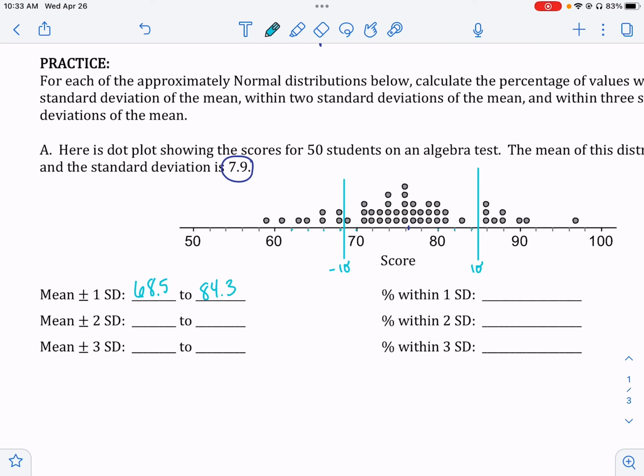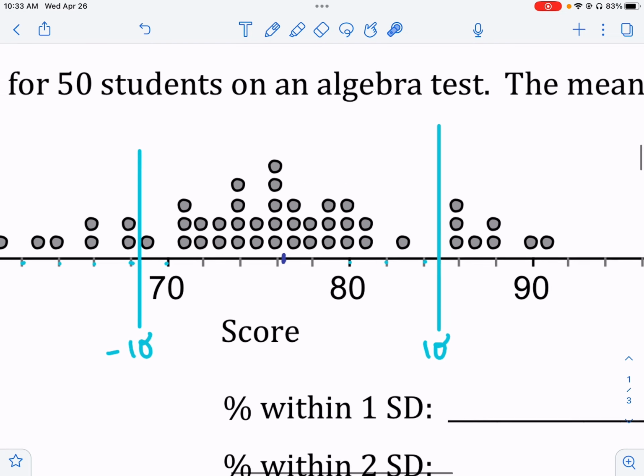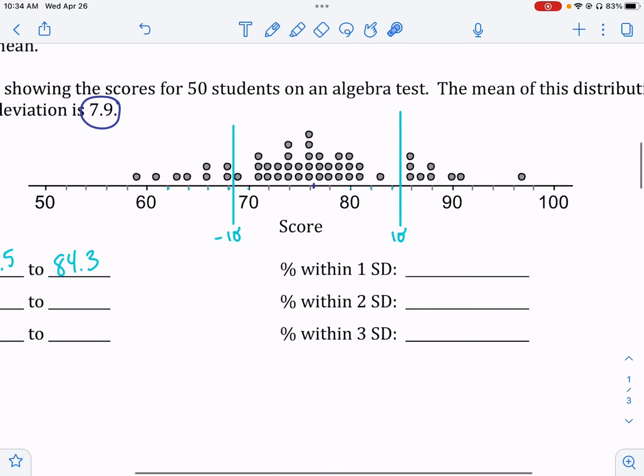84.3. Now, the next thing it wants me to do is determine what percent of my data falls within this one standard deviation. I know there's 50 total students, so I'm going to count out how many of these I have. There's 1, 2, 3, 4, 5, 6, 7, 8, 9, 10, 11, 12, 13, 14, 15, 16, 17, 18, 19, 20, 21, 22, 23, 24, 25, 26, 27, 28, 29, 30, 31, 32, 33.